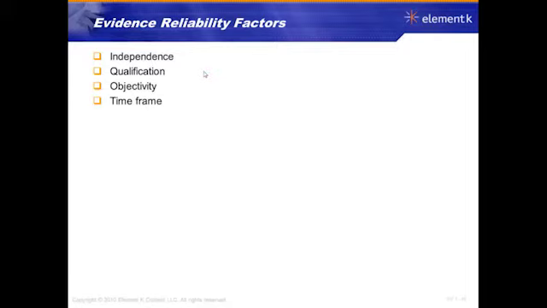I mean, if this is from 10 years ago, it had better be about a case that's relevant 10 years ago, as opposed to we're trying to find out why this week the production line didn't produce 20,000 widgets. We don't want to look necessarily at 5-year-old data. So we're looking at the independence, the qualification of the person who produced it, the objectivity of it, and also the timeline.